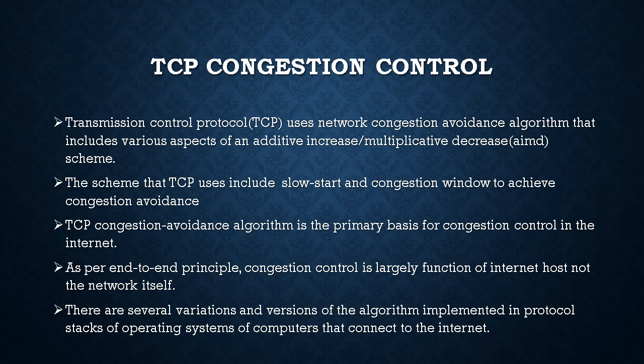The Transmission Control Protocol uses a network congestion avoidance algorithm that includes various aspects of an additive increase, multiplicative decrease scheme. Now what is this additive increase, multiplicative decrease scheme? TCP maintains a new state variable for each connection.